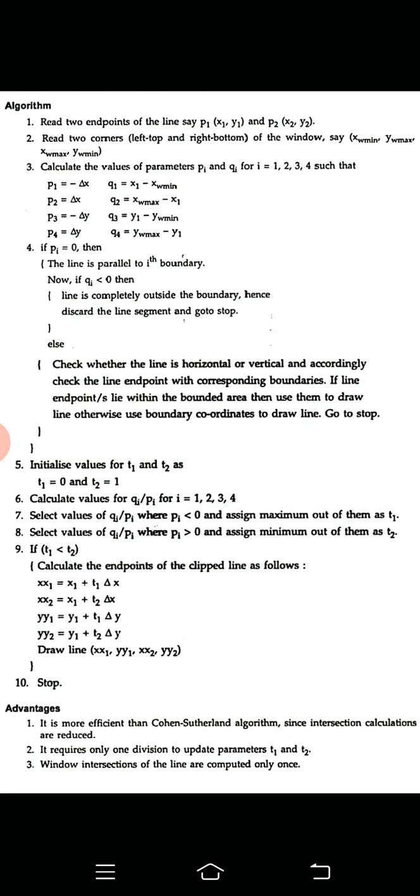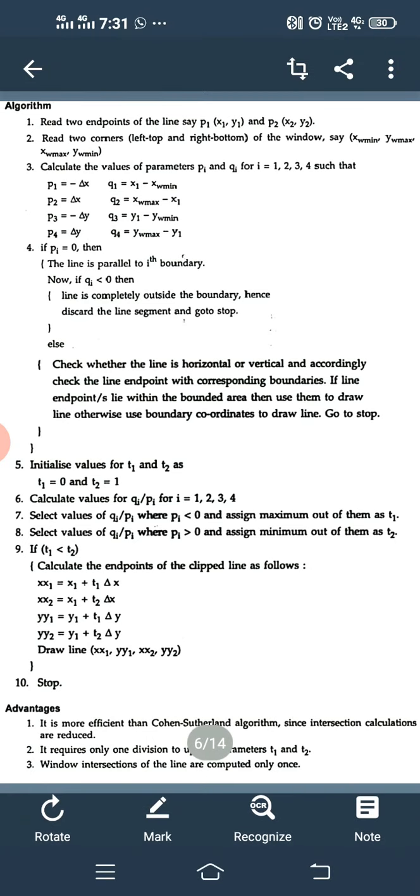That means where the value of pi is negative, we take the values of qi and pi, and there are two negative values of pi. If we are getting two values, we calculate the maximum of these two values and assign that as t1.